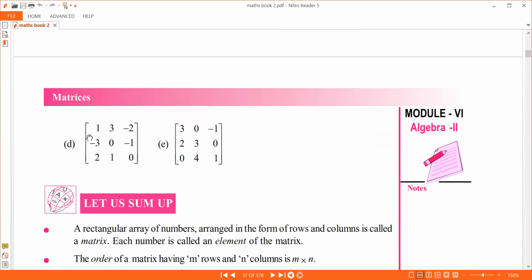So let's solve this: 1 3 minus 2, minus 3 0 minus 1, 2 1 0. The 3 by 3 matrix is over after this. Okay, let's start.